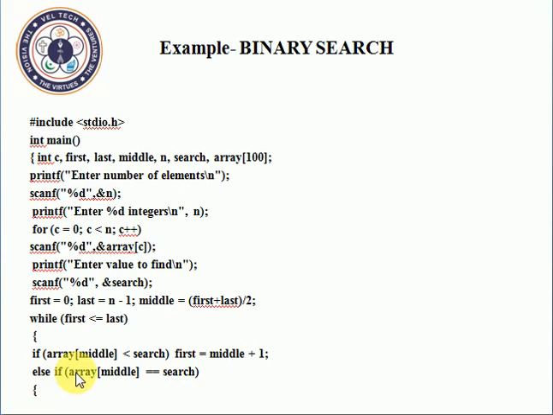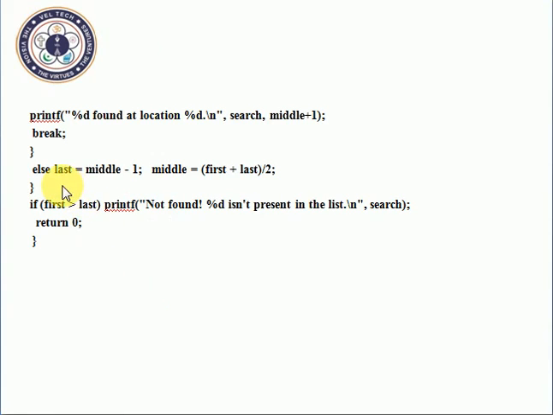Else if array of middle equals the search value, it is found. Otherwise, last equals middle minus 1, and middle is recomputed as (first plus last) divided by 2. If first becomes greater than last, we cannot find the search value, and it is displayed as not present in the list or array.